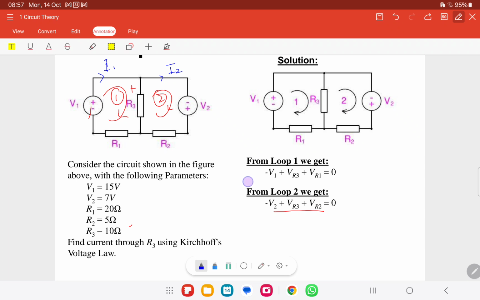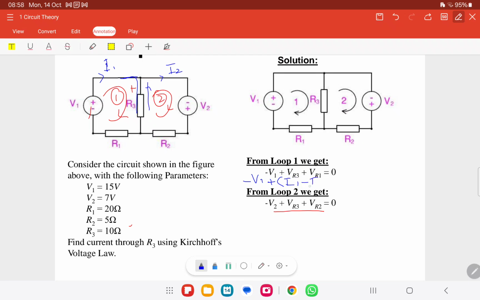Okay, minus V1 plus VR3 ni apa? I apa tu? I apa kat situ? Ya ke I1? I1 plus 2. Plus ke apa? I1 dia macam ni. Untuk loop 1, current tu pergi sini. Yang ni pergi sini.